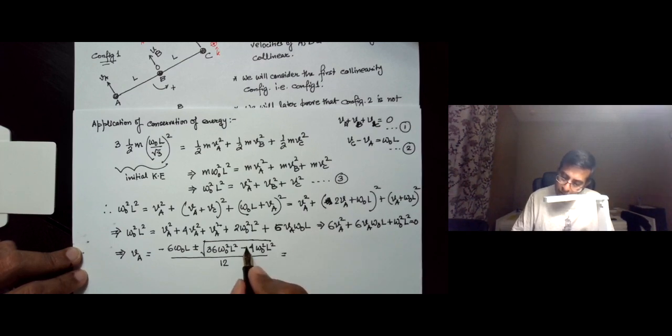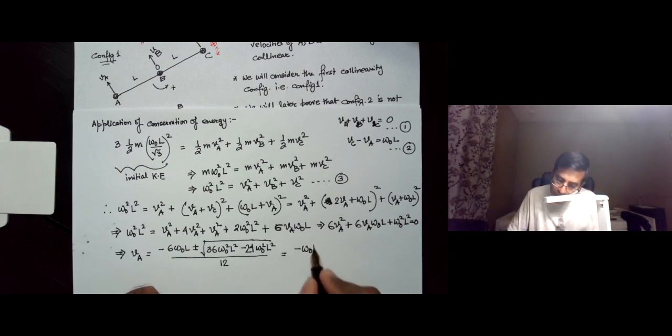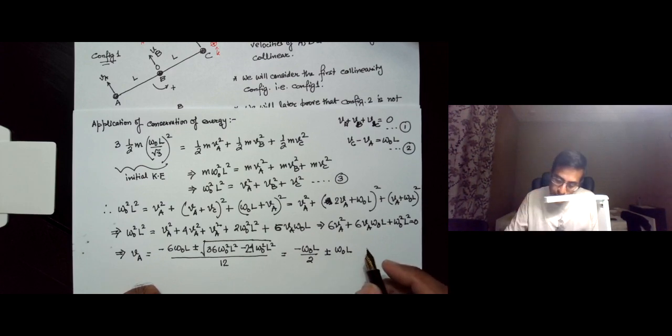Oh, this should be 24, I'm sorry; 36 minus 24 is going to be 12, so that's 2 times square root 3. So we are going to have minus omega naught L over 2 plus or minus omega naught L square root 12 over 12. That's going to be 2 square root 3 over 12, so it's going to be square root 3 over 6.